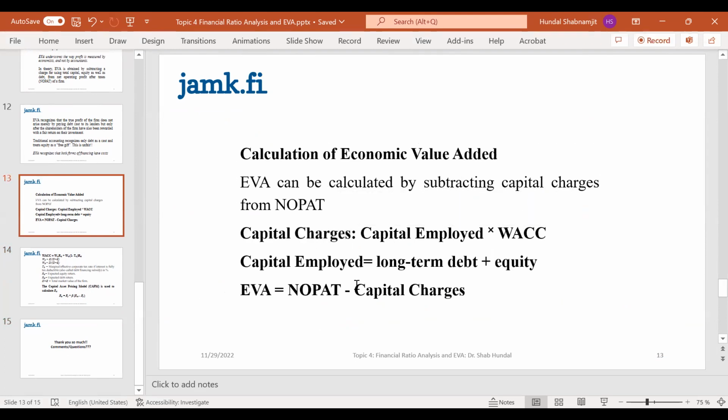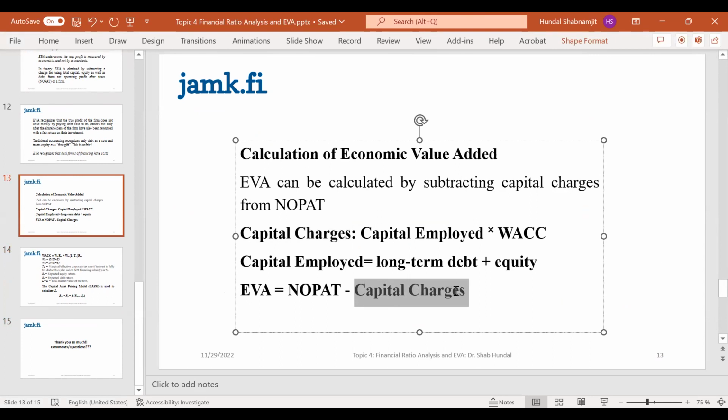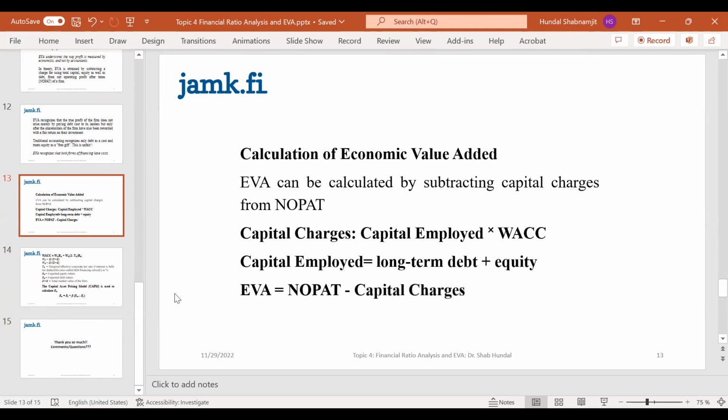These capital charges must be subtracted from net operating profit after tax, and that gives you the true performance of the company. Many companies whose profits look very beautiful, very shiny, will go down. And many companies which have losses, their losses would go even more by including this reality.